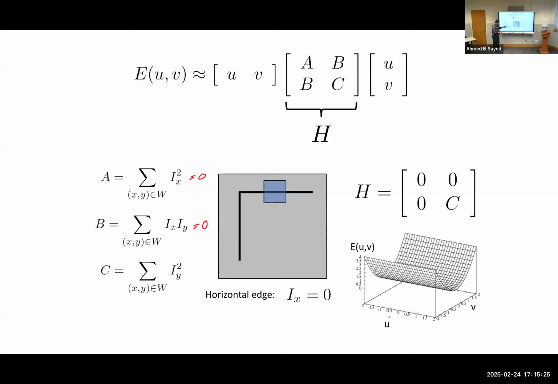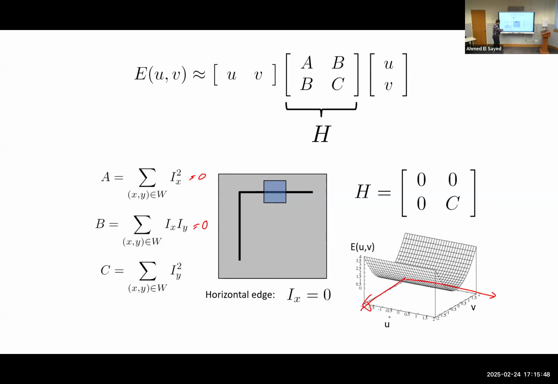So the curve, instead of looking like this, will look like a cylinder. If you cross-section it, it's a real parabola. Okay? Now, those are the main axes.